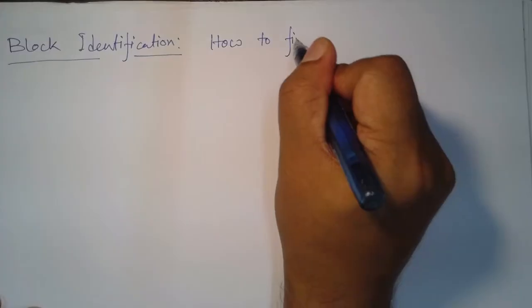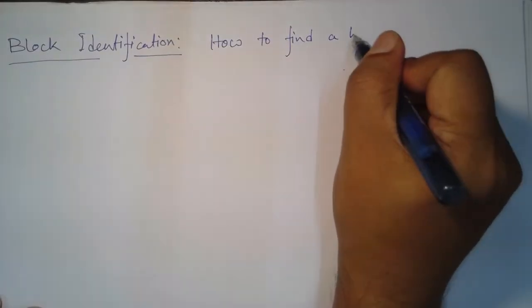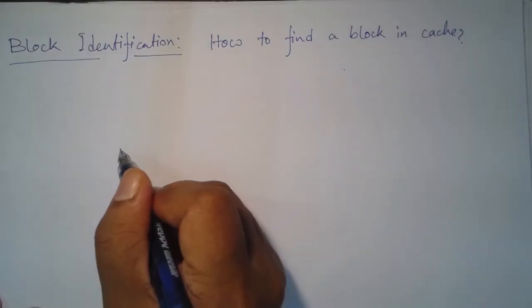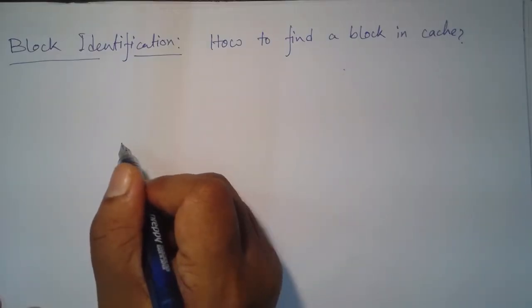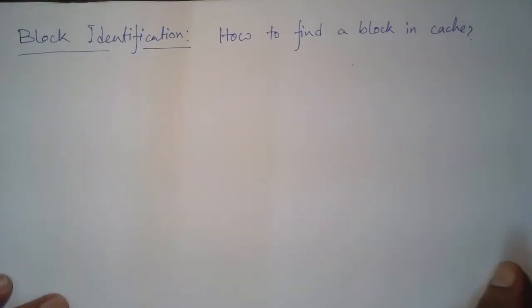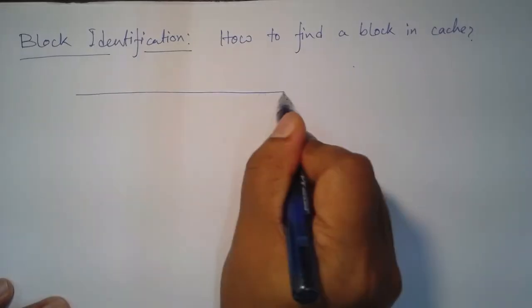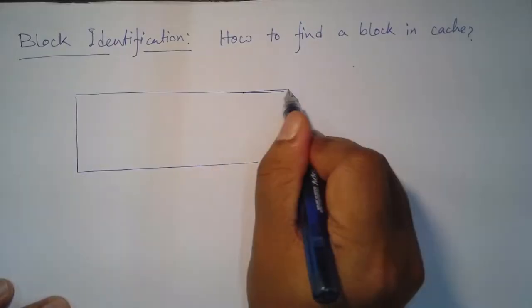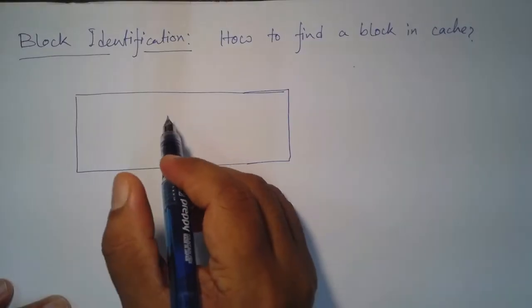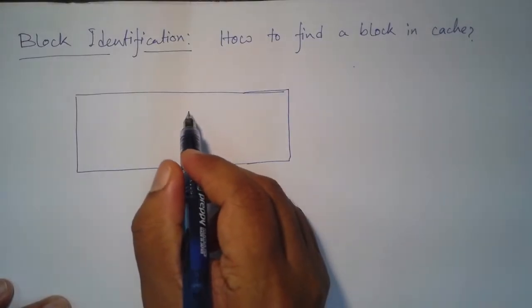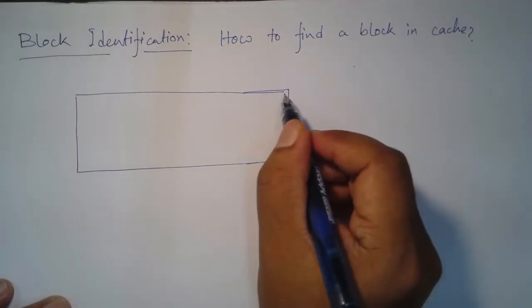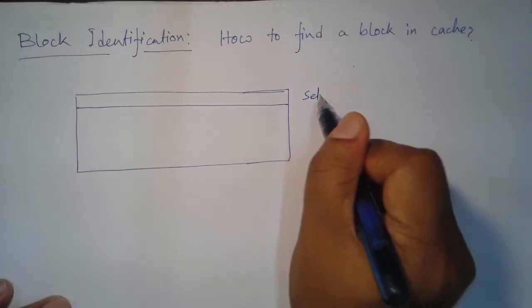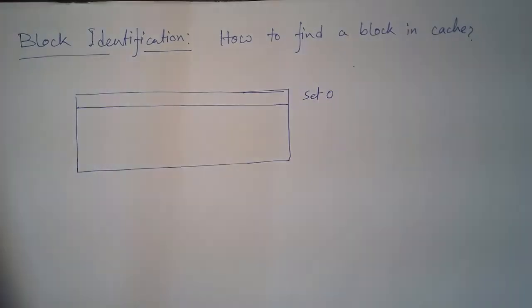So if you look at a cache, let's say in case of a direct map cache, it can be considered as the sets having only one block in them, right?